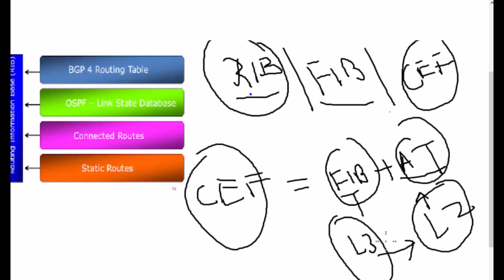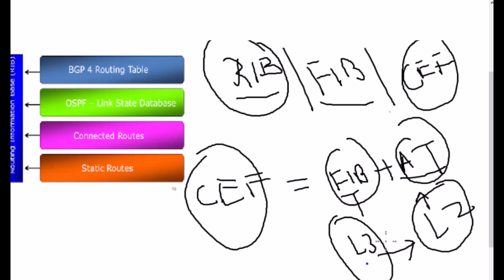RIB is a common routing information base for all the different routing protocols running on a router, and FIB is used to extract the best routes from the RIB. CEF is built using the best routes, that is the FIB, plus the adjacency table.